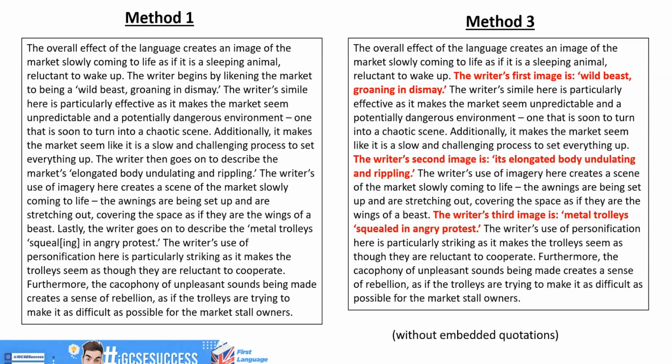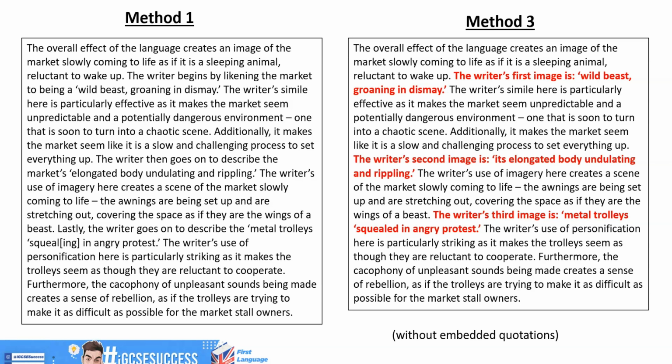The writer's use of personification here is particularly striking as it makes the trolleys seem as though they are reluctant to cooperate. Furthermore, the cacophony of unpleasant sounds being made creates a sense of rebellion, as if the trolleys are trying to make it as difficult as possible for the market stall owners.